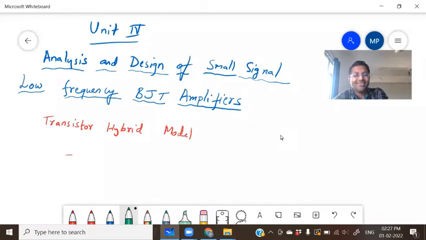So let us first generalize this. Any system, for example amplifier, you have input, you have output, right? The in between block, I will draw something like a black box. Input means input voltage, input current. Output means output voltage, output current.